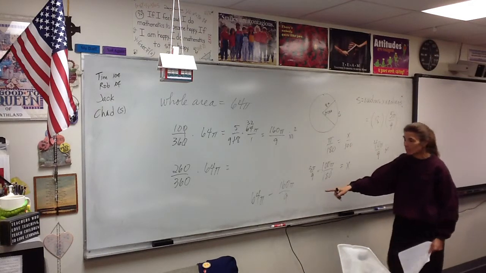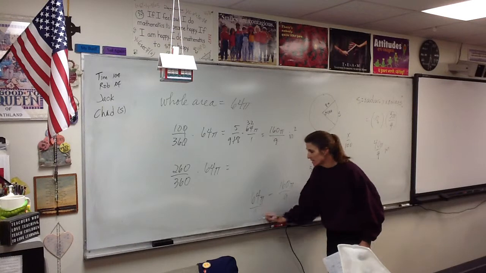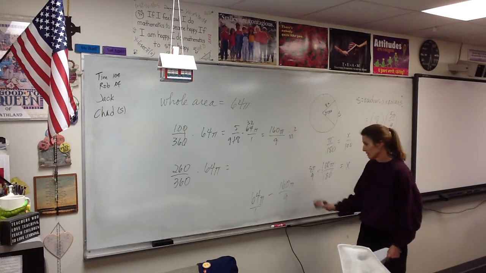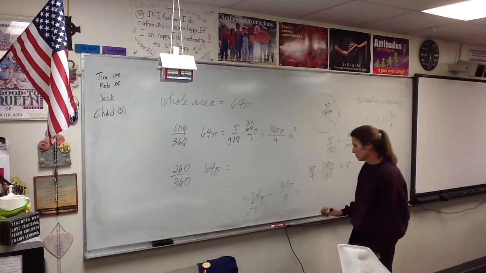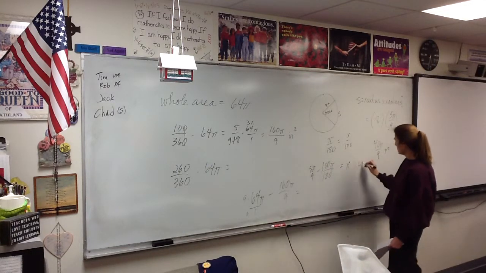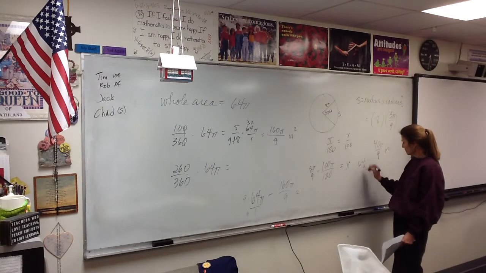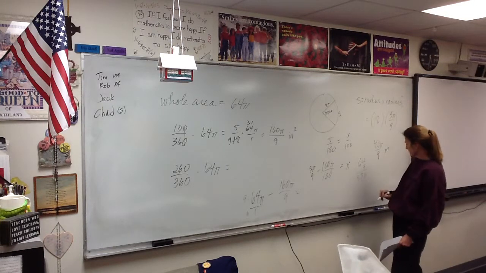If you do it this way, then obviously you're going to need a common denominator. So you'll times this by 9. And 64 times 9, let's see, 576.